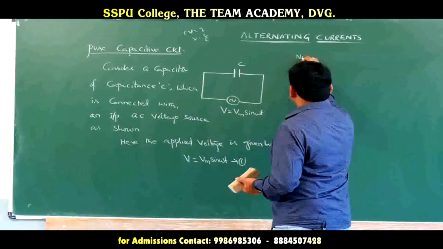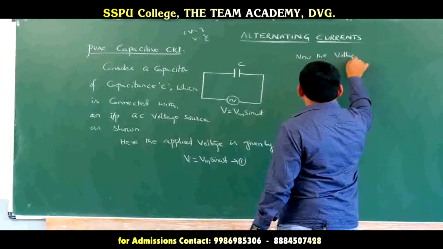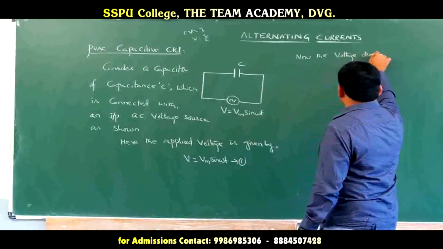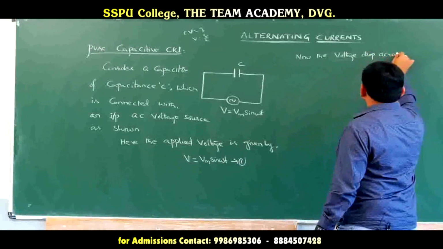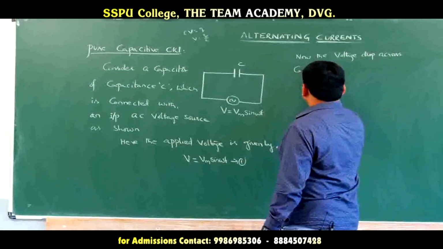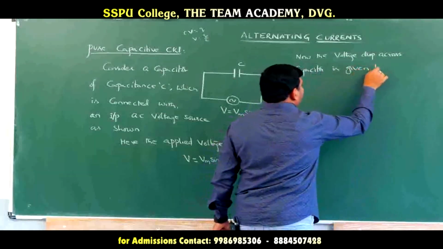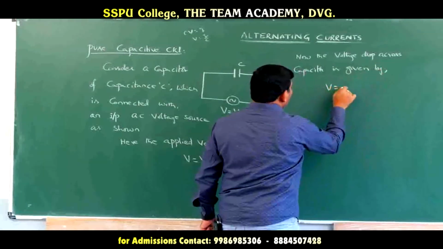The voltage drop across capacitor is given by which formula? V is equal to Q by C.